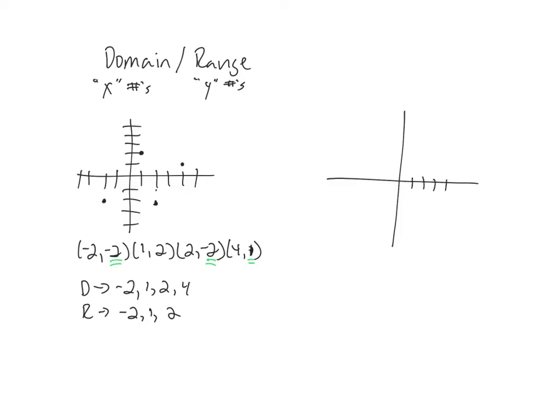If it's a continuous graph, meaning everything's connected, so if I use the same points but the graph was all connected like that, that means it's including everything. So what you want to do is make a box.